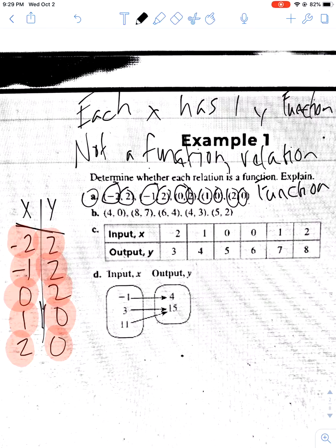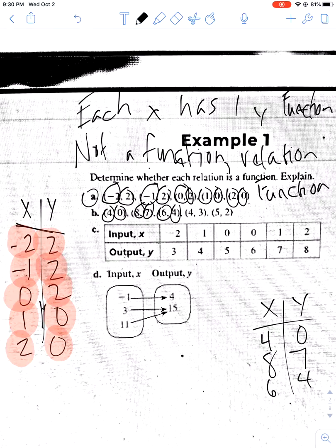Now let's look at b. Just find some room somewhere. So I've got 4, and that goes to 0. 8 goes to 7. 6 goes to 4. 4 goes to 3. And 5 goes to 2.